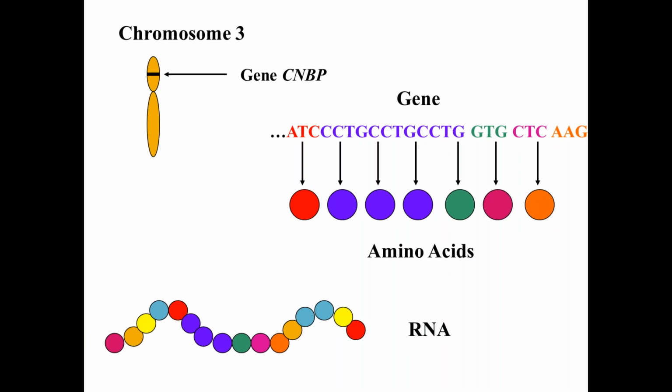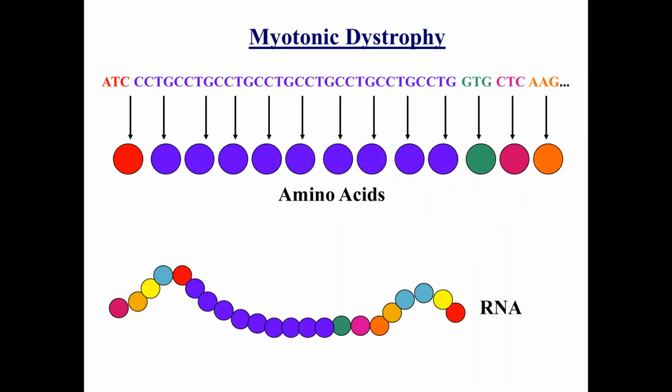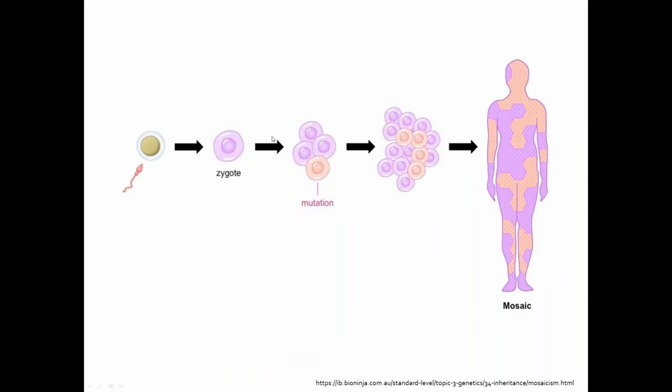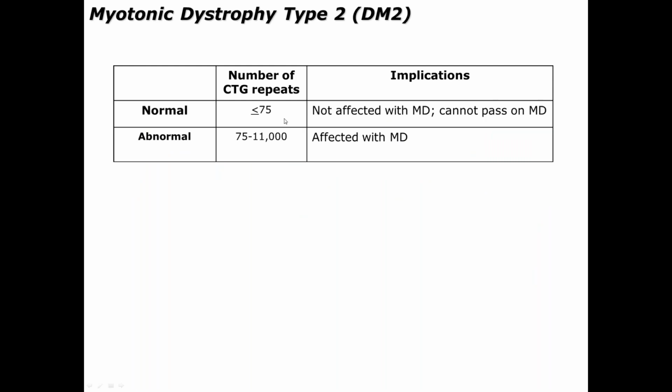It's the same situation: when there are more repeats than are supposed to be there, it causes an abnormal RNA protein, and the same issues happen with the genetic mutation. Now, this repeat number is going to be 75, so the cutoff is a little bit different.